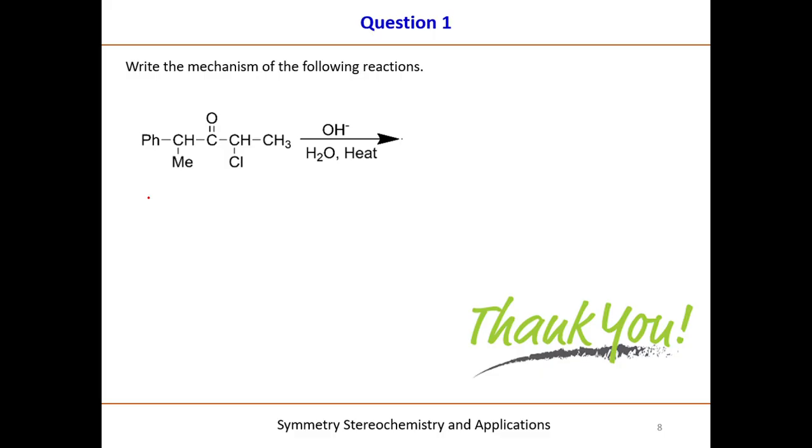So in step 1, what happens? Abstraction of alpha hydrogen takes place. So what is the alpha hydrogen here? We have a carbonyl group, and this is an alpha proton. This one is also an alpha proton, but the abstraction will take place from this alpha position, which has two alkyl groups.